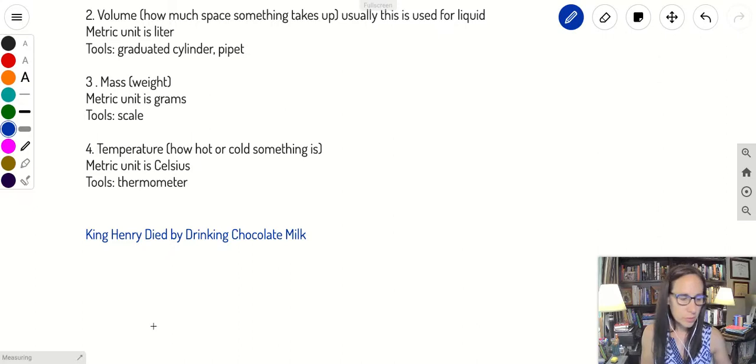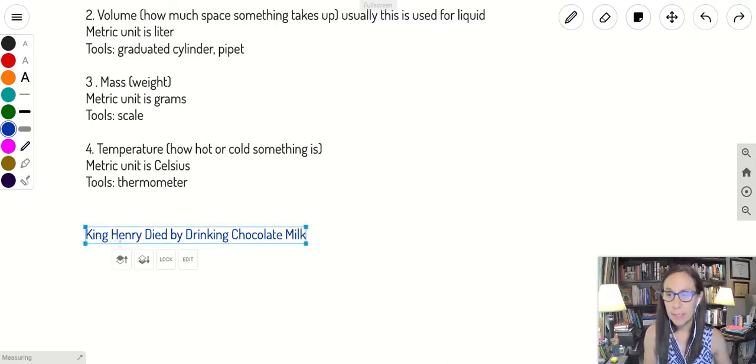Okay. And so this is how King Henry died. And so I want to tell you that each of these words represents a letter. And so I'm going to tell you that the K represents kilometer.